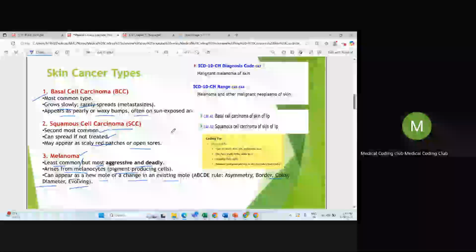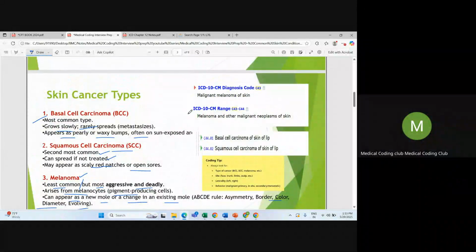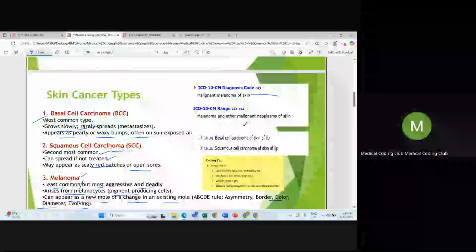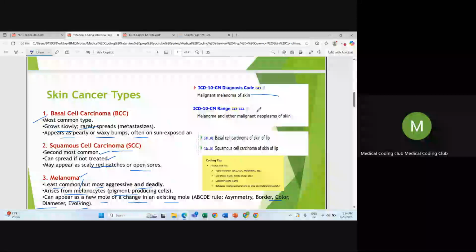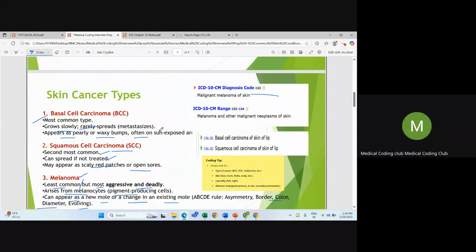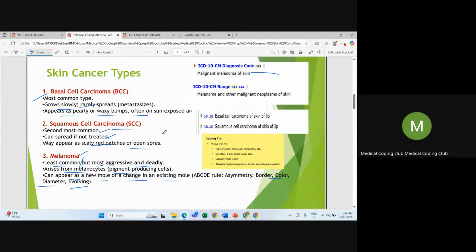In our ICD code classification, the C43 to C44 series has all the skin cancer types, that is BCC, SCC and melanoma. All types of skin cancer related conditions are listed from C43 to C44 in the neoplasm table. If it is in situ or of uncertain behavior, then we will be coding from the D series.